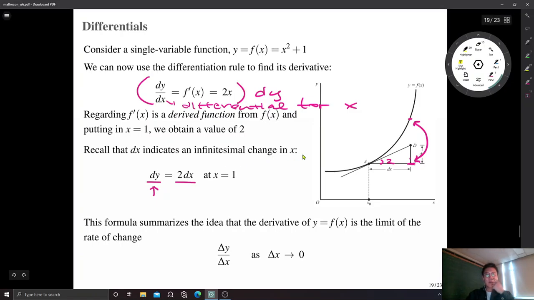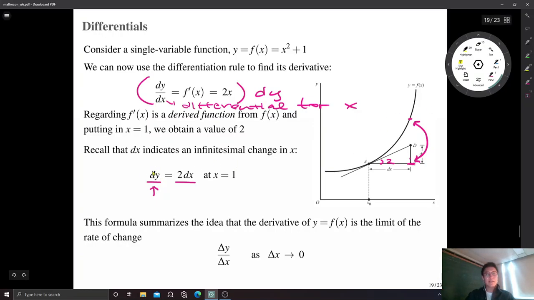Okay, so when we consider some substantial change in x, when dx is large, dy makes some difference from the actual variation of the function. But on the other hand, when dx is small, this dy will be very close to the actual variation of the function, right? So we can use that dy as a proxy for the actual variation of the function.